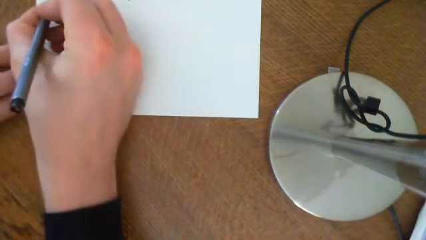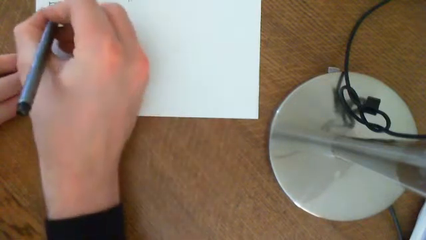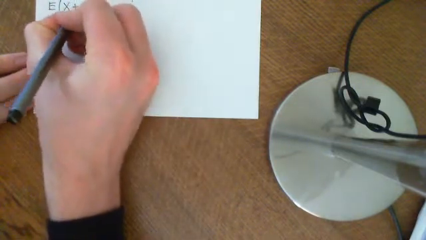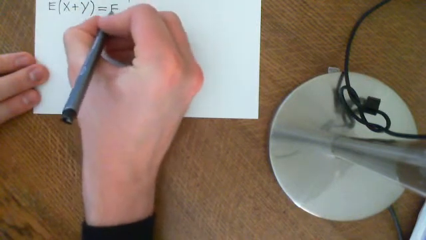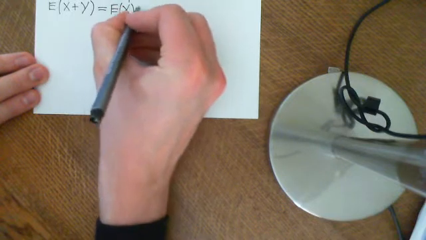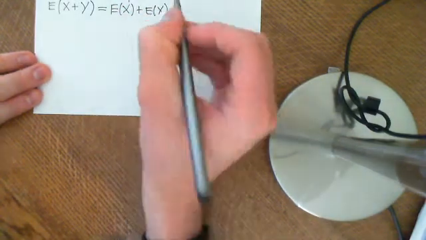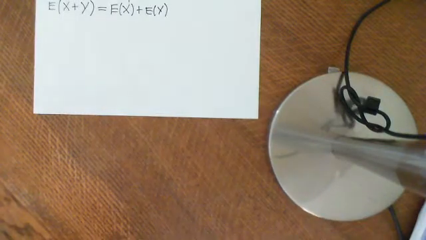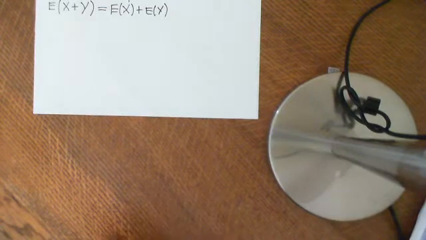Okay, so now what we want to do is establish the second linearity property, which is that the expectation value of X plus Y is actually the expectation value of X plus the expectation value of Y. Now, at least to me, that is not an intuitive result at all when you think about it.